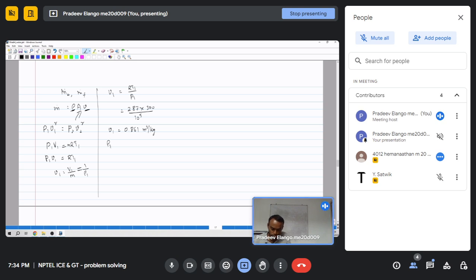And now we can find rho 1, which is 1 by V1. 1.16 kilogram per meter cube.